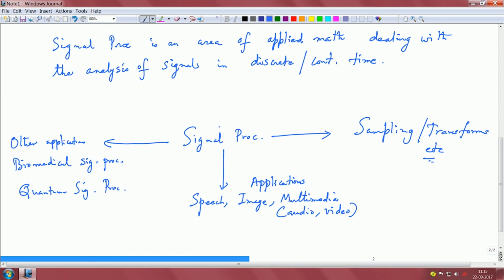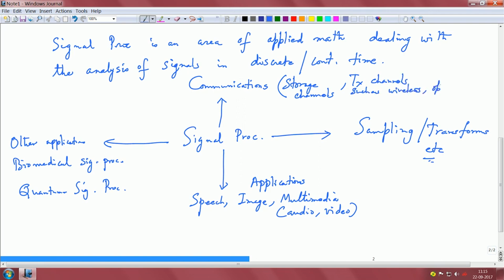Then there are other application domains. Communications, for example, though it is a discipline in itself, one can think about signal processing for communications. And when you think about the applications in communications, it can be for storage channels, or it could be in transmission channels such as wireless, optical, etc., optical fibers, etc. Right?